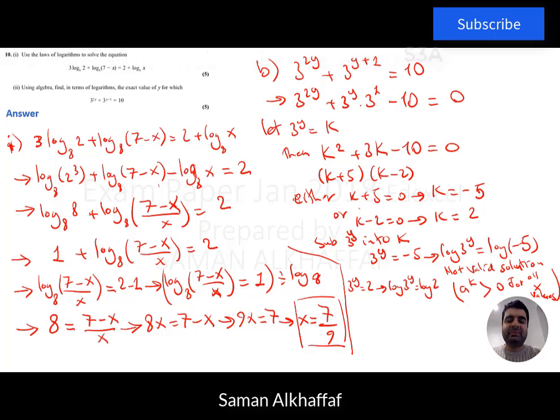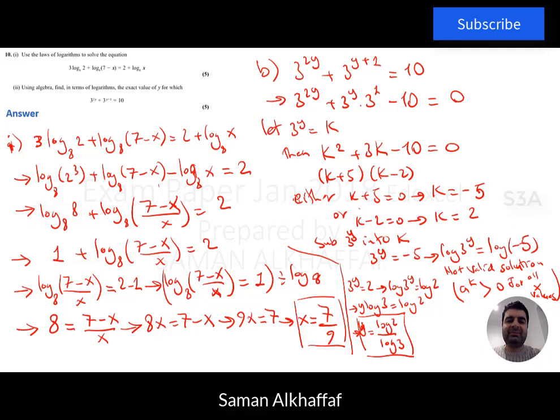So the next step will be y log 3 equals log 2, and that will give us y being equal to log 2 over log 3, and this will be our answer for finding the exact value of y for this part of the question.